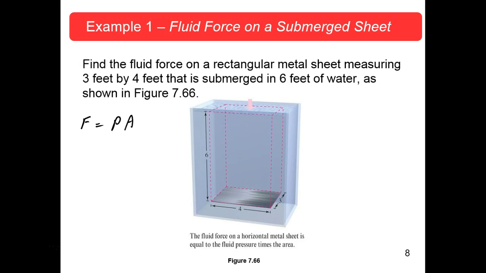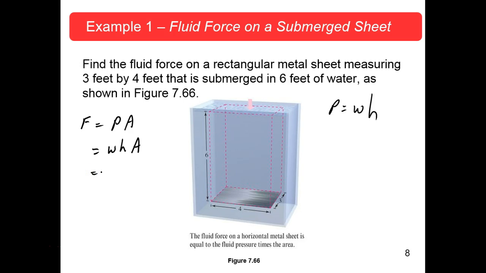Pounds per square foot times square feet. Earlier, they gave us what pressure was. Pressure is equal to the weight density times the depth. So to extend this formula, that would be the weight density times depth times the area, right?